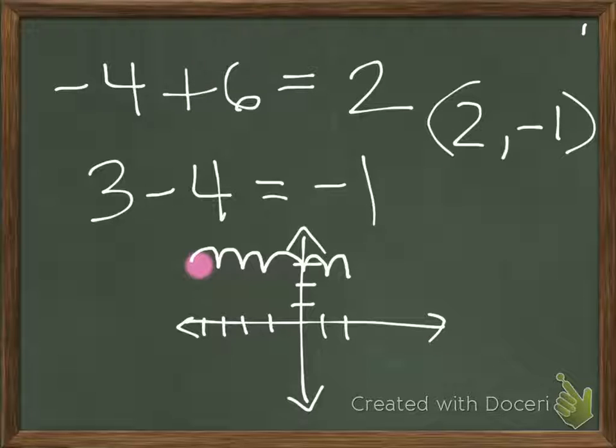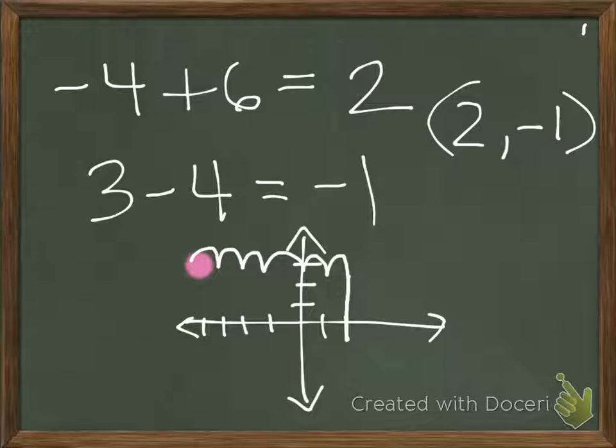So originally, coming from the pink dot here, I'm now going 6 to the right and 4 down from that. So that means I go from 3 on the y-axis down 1, 2, 3, 4.